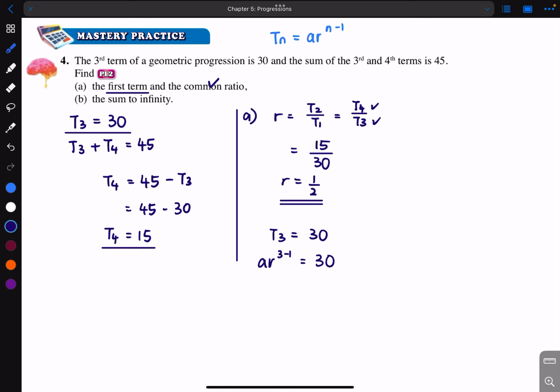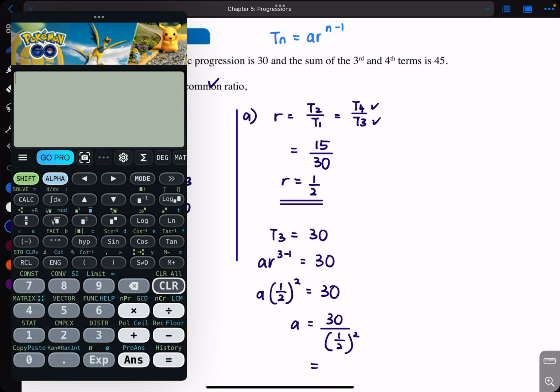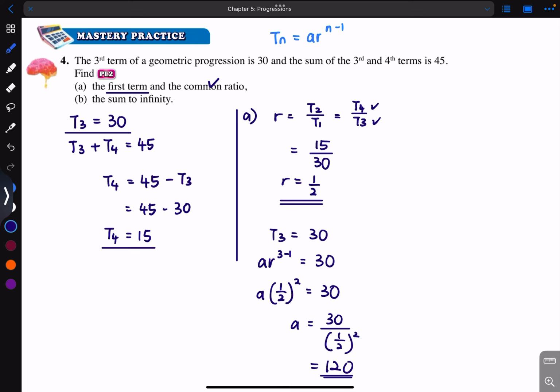And then we know R also. 3 minus 1 is 2, equals 30. So A will be 30 divided by 1 over 2 squared, which is 120. Done. So R is 1 over 2, A is 120.